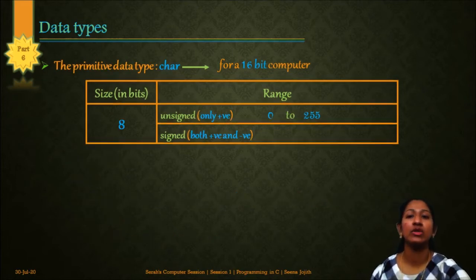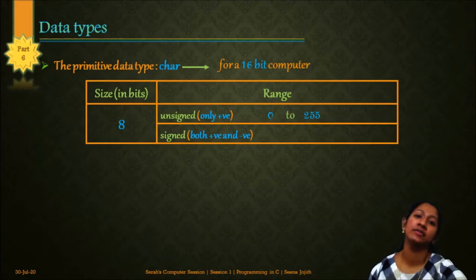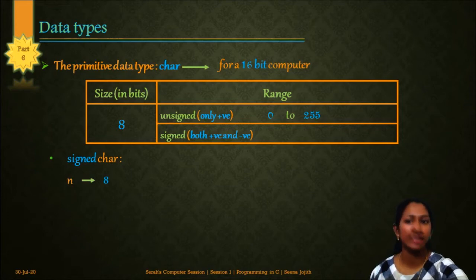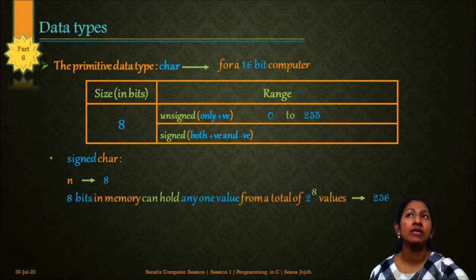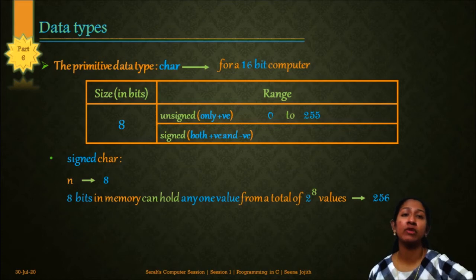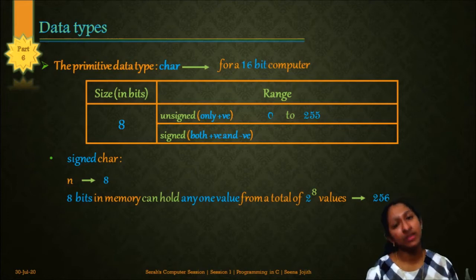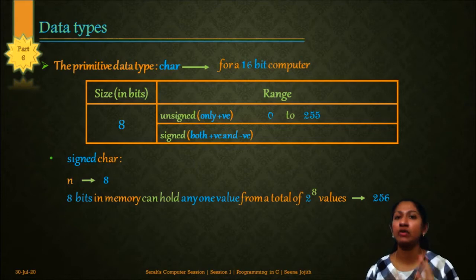Now let's move on to the signed range. Here n is again 8 bits for a char type on a 16-bit computer. If the memory gives you 8 bits to store your character value, then you can store a total of 256 values, but only one value out of the 256 at a time.